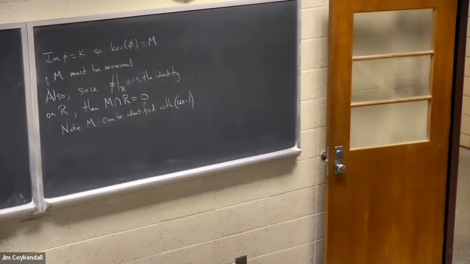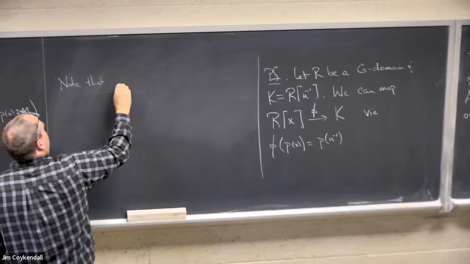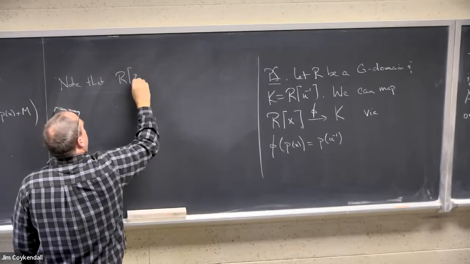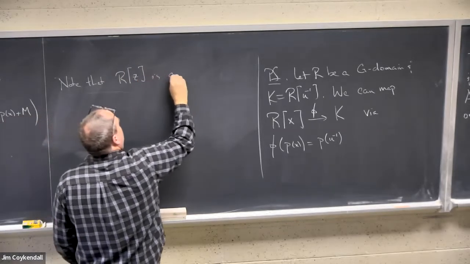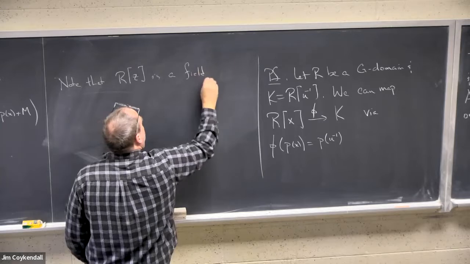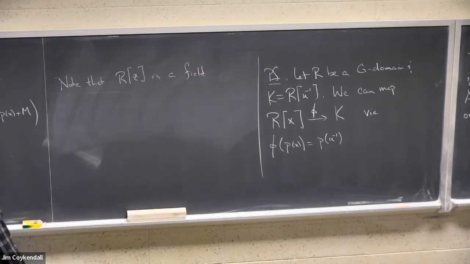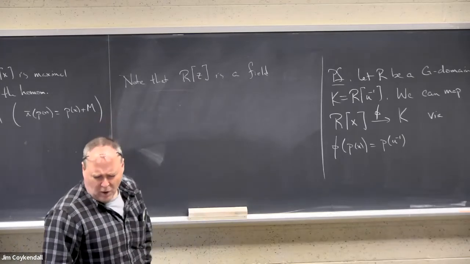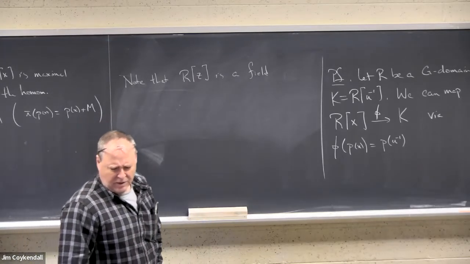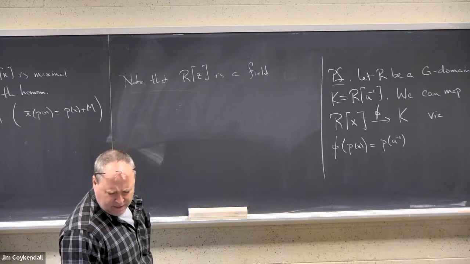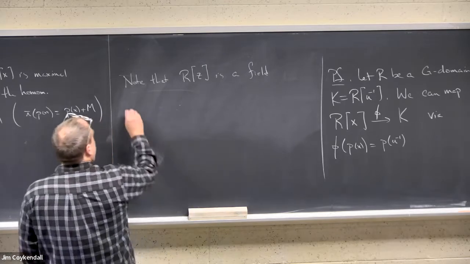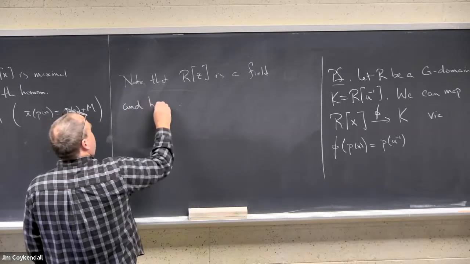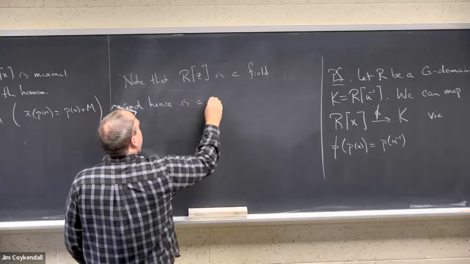Notice that if you think of this abstractly, when you adjoin Z to R, you actually get a field, and hence Z is a determinant.